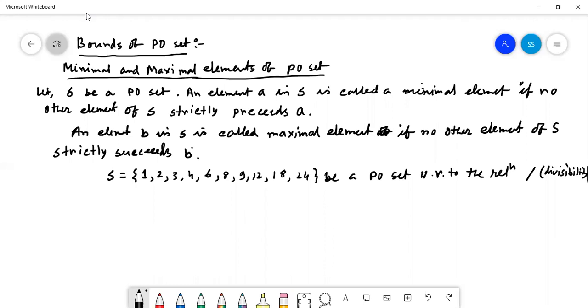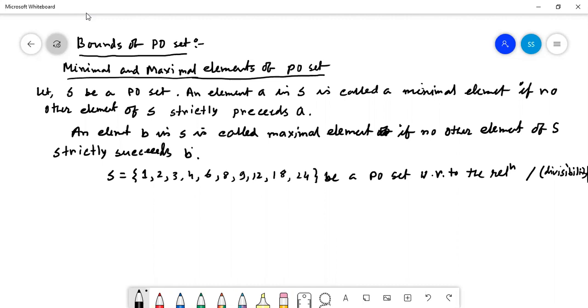Now 1 divides all. Every element of this set S is divisible by 1, but there is no other element besides 1 which can divide all the elements, isn't it? So 1 is the minimal element. Is it clear? Yes, sir. 1 is the minimal element.